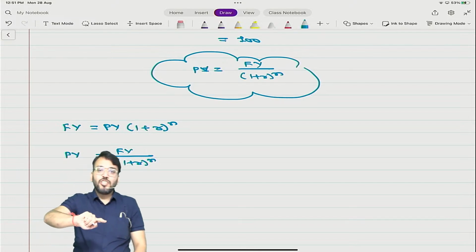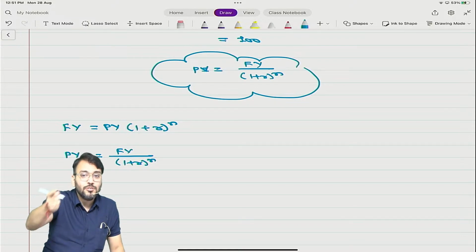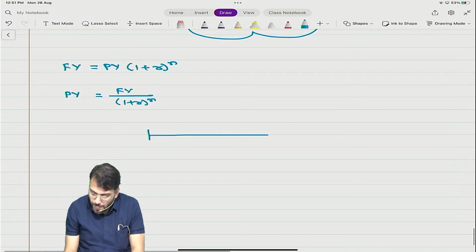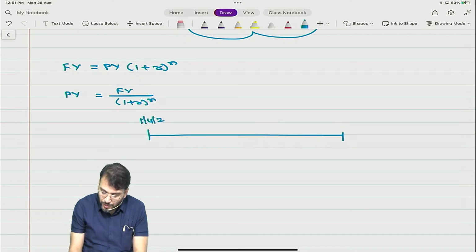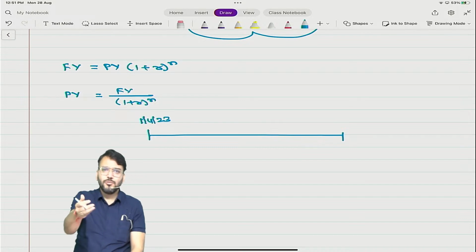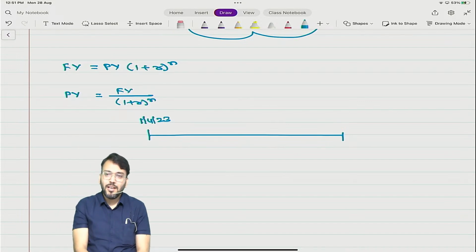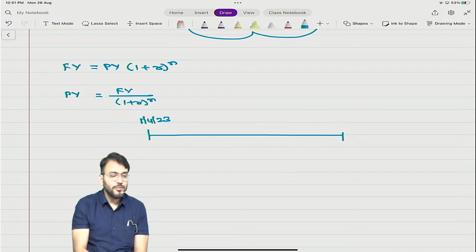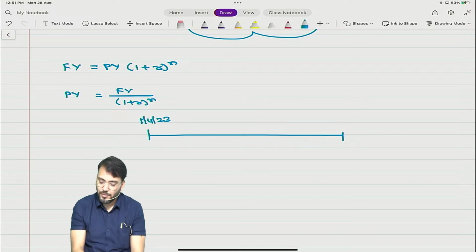Means any amount can be changed from present value to future value, and any amount can be changed from future value to present value. I'll just give one example. You will do by your own. Suppose this is 1/4/2023, and I have committed that I will pay you 1,10,000 after 1 year.